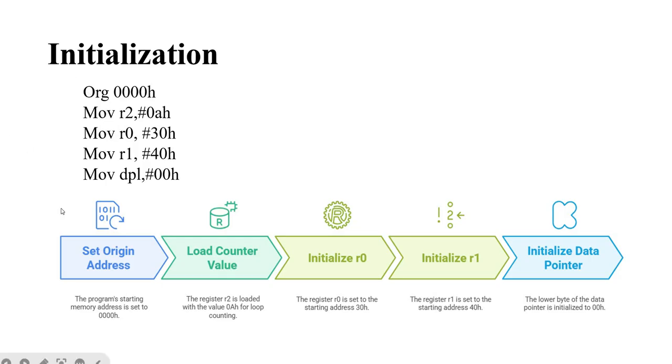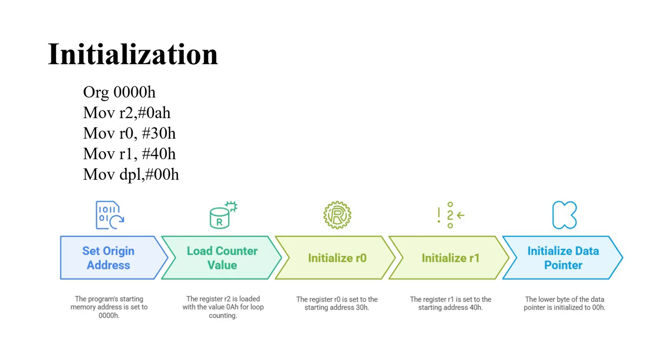Once this is done, the second step is to load the counter value, that is, we will be loading the register R2 with the value 0AH for the loop. What is 0AH? It is 10. That is, we are transferring 10 bytes of data.